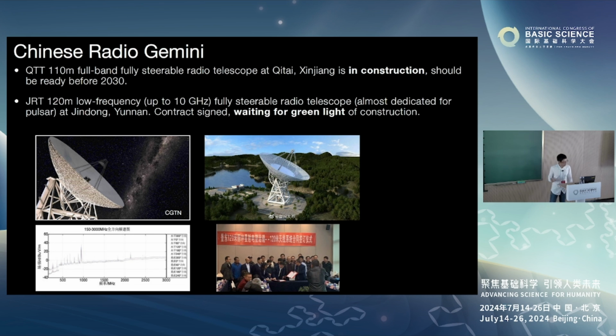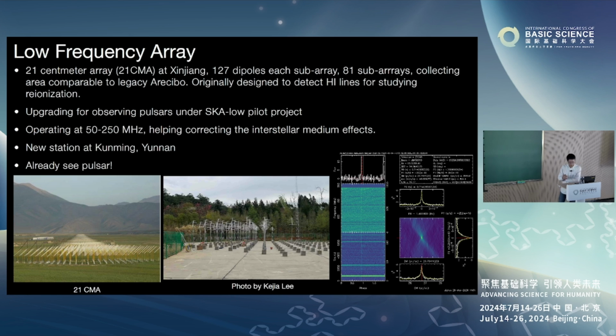With these two radio telescopes, we can greatly increase the number of pulsars, and increase the frequency coverage, which is better for removing the effect of the interstellar medium. And we are upgrading the low frequency array called the 21 centimeter array.